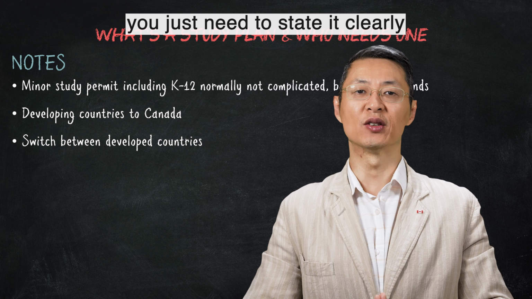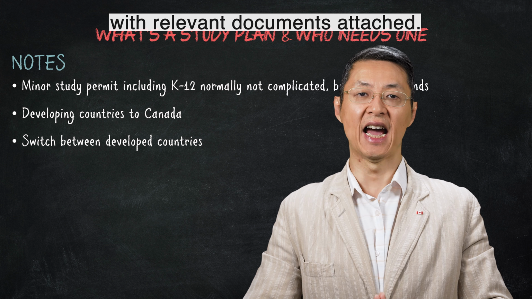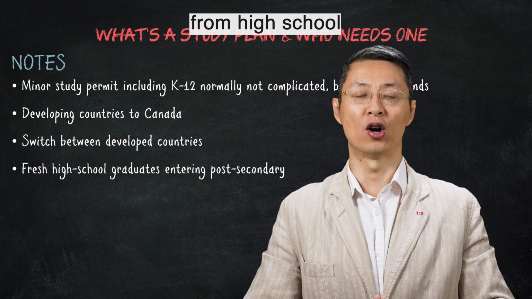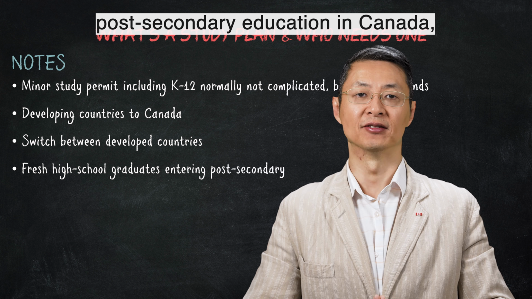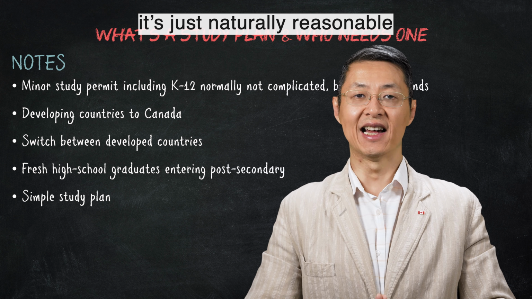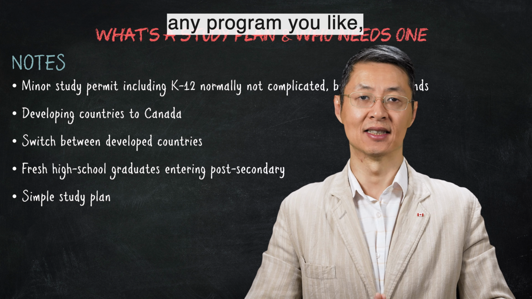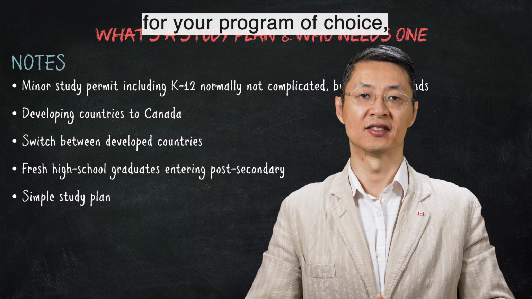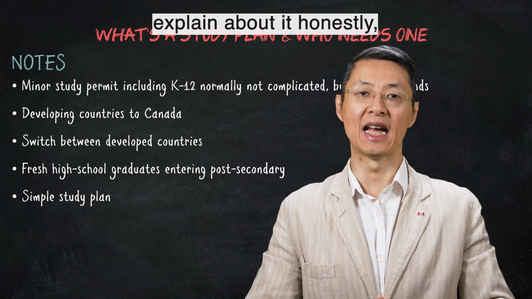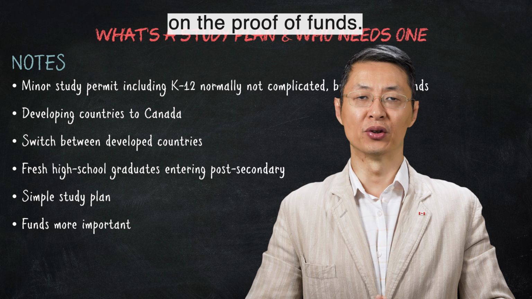You just need to state it clearly in your study plan with relevant documents attached. For those fresh graduates from high school who are about to enter post-secondary education in Canada, it is quite similar. It's just naturally reasonable for you to pursue any program you like. Of course, I believe you have a good reason for your program of choice. You just need to explain it honestly. And again, you need to focus more on the proof of funds.